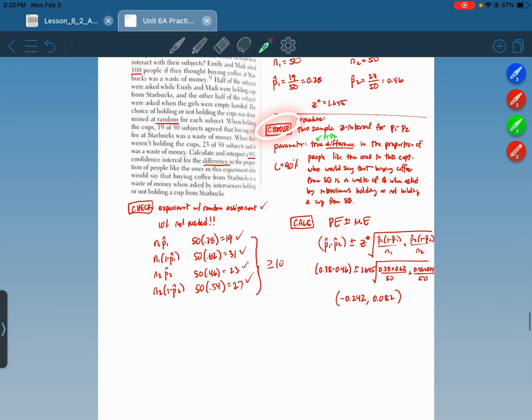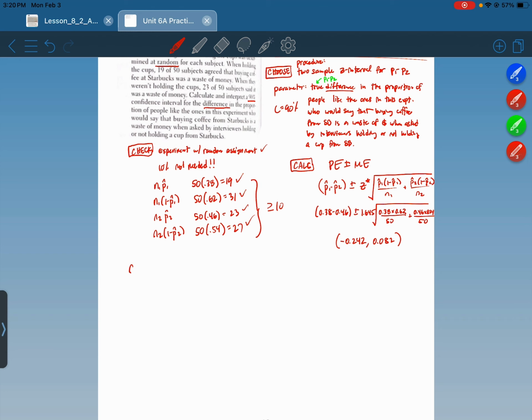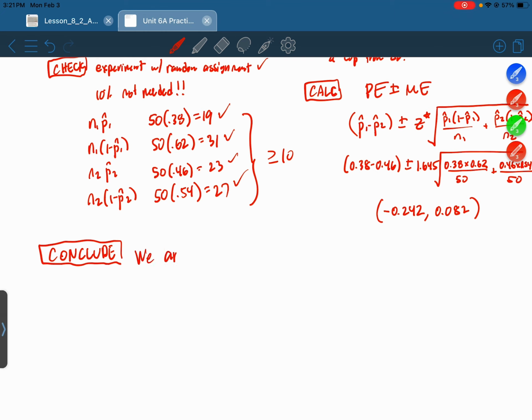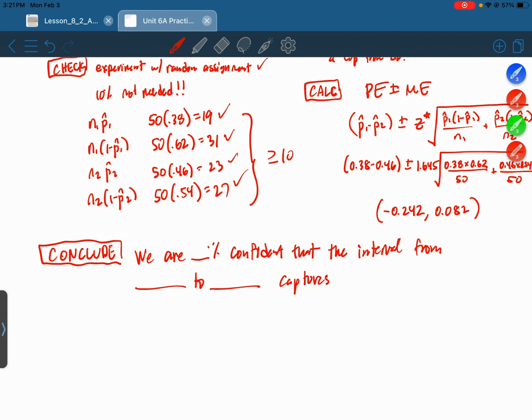Okay, so we chose our procedure, we checked the conditions, we calculated the interval. Finally, we have to write a conclusion. Okay, and the conclusion is just one sentence following that template. We are blank % confident that the interval from A to B captures the true parameter.